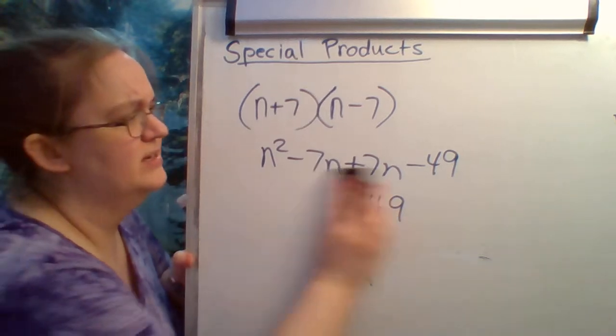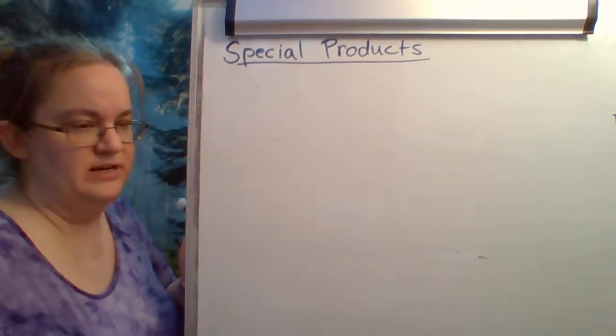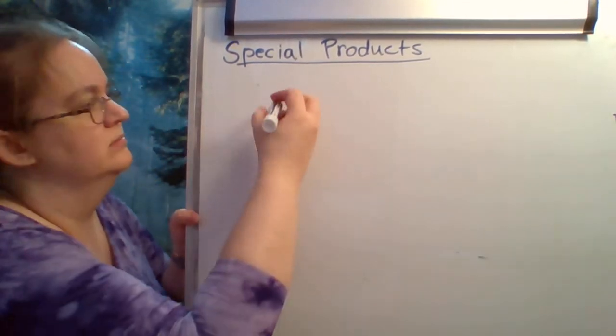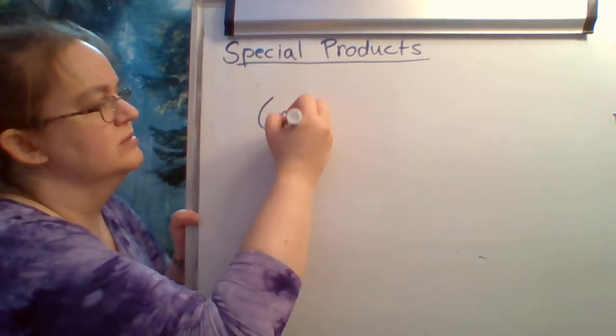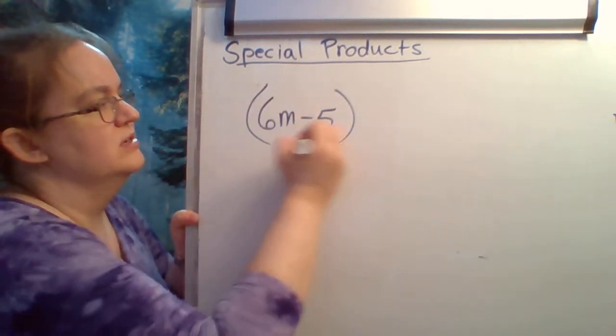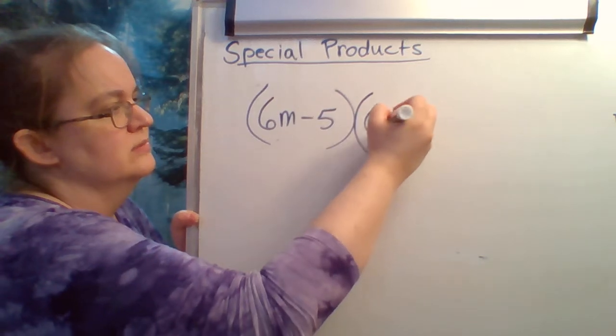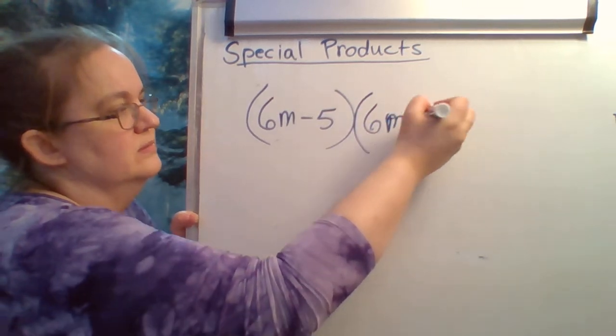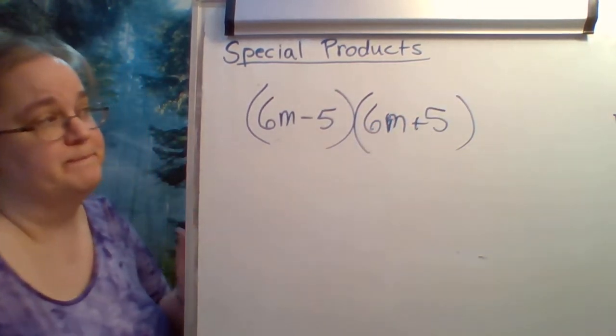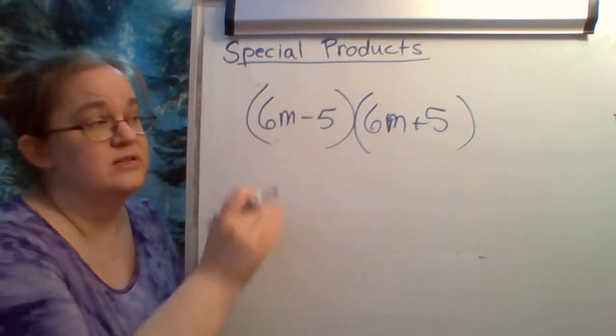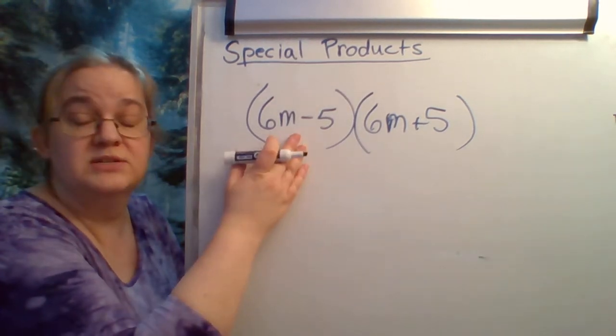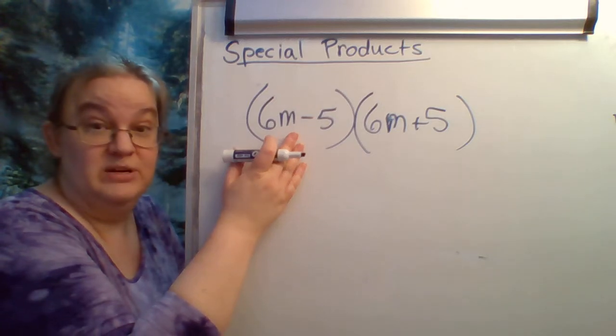All right, so let's take a look at a couple of different examples where the coefficient is not 1. Okay, so when I look at this, it's like we just did. This is the product of a sum and a difference.